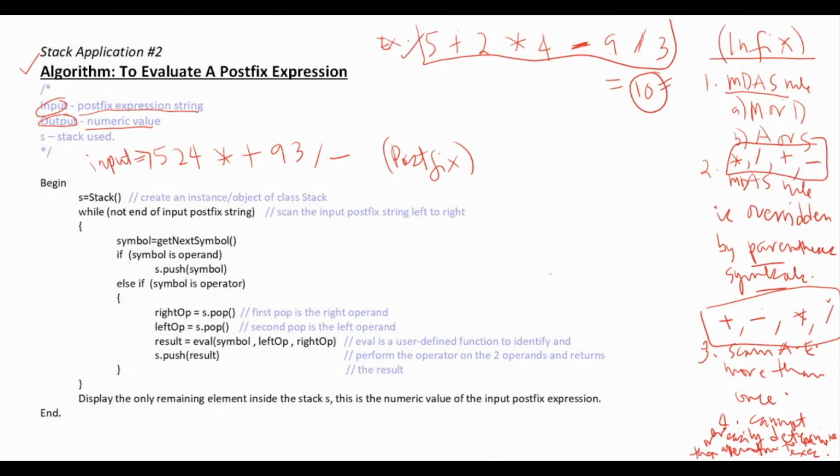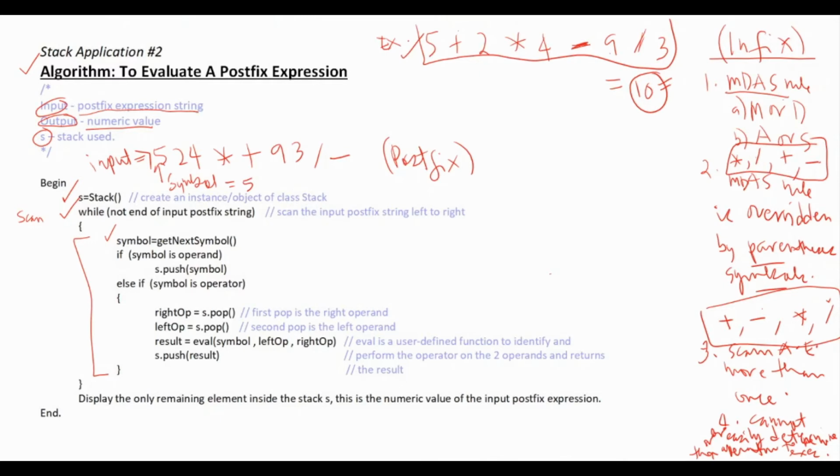Now, this algorithm makes use of one stack S, and we scan the input postfix expression left to right using a while loop. And for each iteration of the while loop, we get one symbol from the postfix. So this would be the first symbol on the first iteration. So symbol is 5. And on the second iteration, it would be 2.